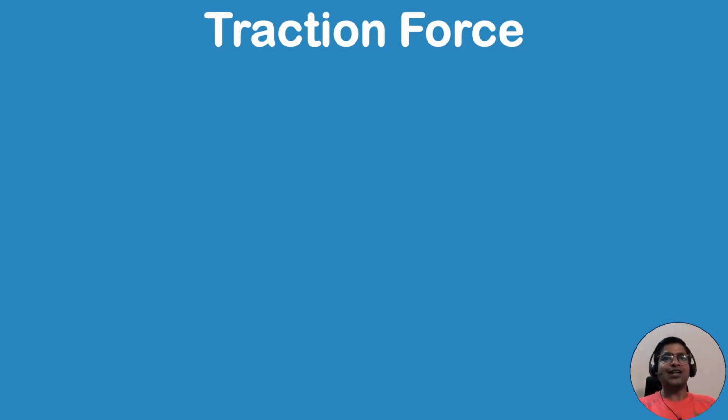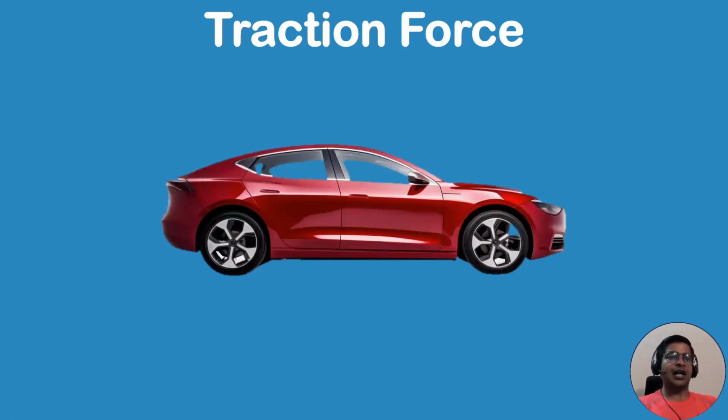So just to give you a visual representation of it, let's say this is the electric vehicle car, and we have already discussed what forces act on it when the car tries to move forward. The first force is the gradient force. The second force is the air drag force.